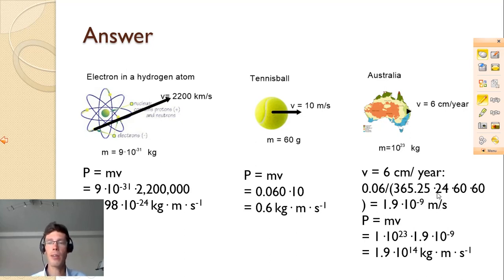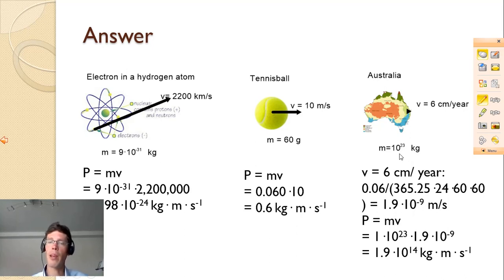Each day has 24 hours, each hour has 60 minutes, and every minute has 60 seconds. So if I multiply this all and then take 0.06 and divide by it, I get 1.9 times 10 to the power of minus 9 meters per second. So that's roughly 2 billionths of a meter in a second.